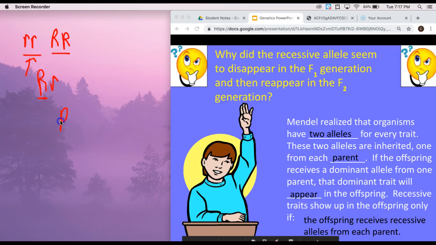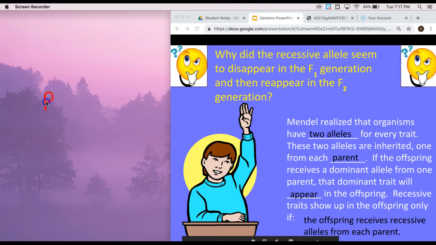So what happened here was we had this in the F2 generation. I know this is not perfect. We had big R, whoops, I messed up. Let me get my eraser.